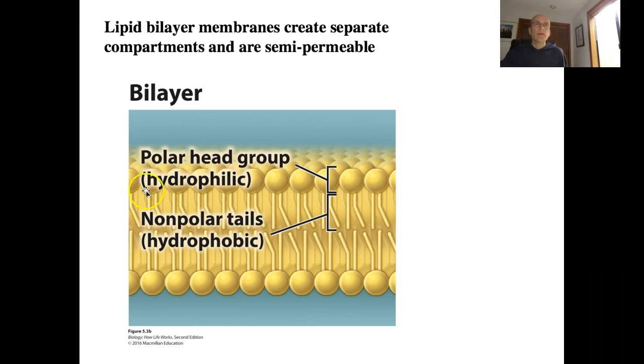Well, if you have a bilayer membrane where you have a phospholipid on the top and on the bottom, or on the outside and the inside, if it becomes a cell, then this lipid bilayer can form a barrier between an outside and an inside where it can mix with water on both sides, but have an impermeable or only semi-permeable layer in between, and that is made of these nonpolar tails.